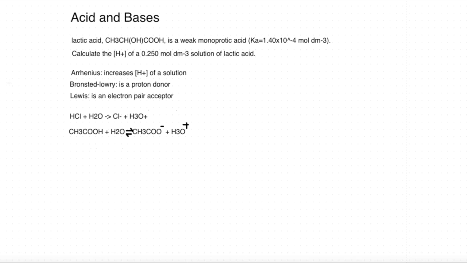We would call this species the conjugate base, because in the reverse reaction it will associate with a proton to become the original acid.